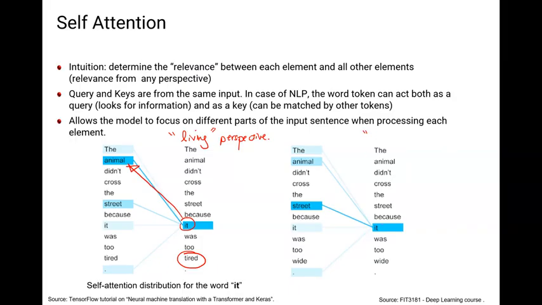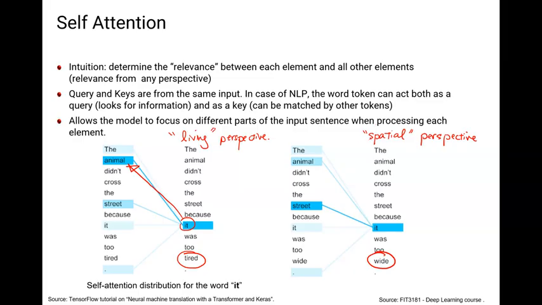On the other hand, if you have a spatial perspective, that means something related to spatial relationships, the size, the distance, the orientation, this kind of perspective, and you consider the meaning from this perspective, now the last word will trigger this, right?